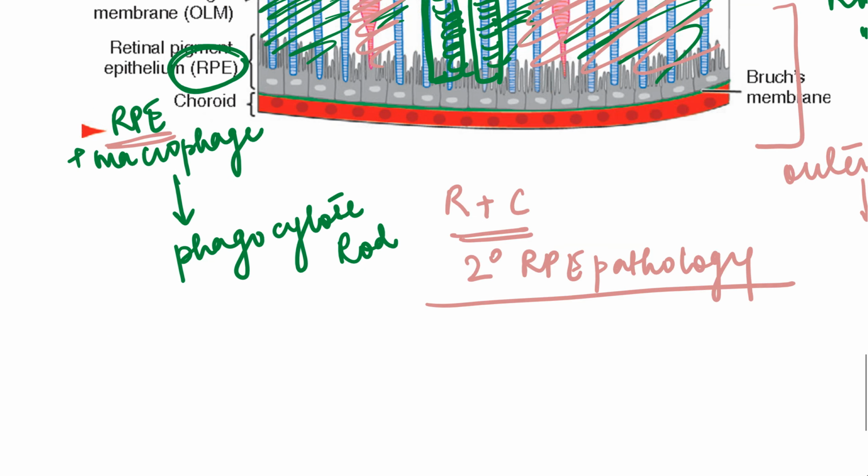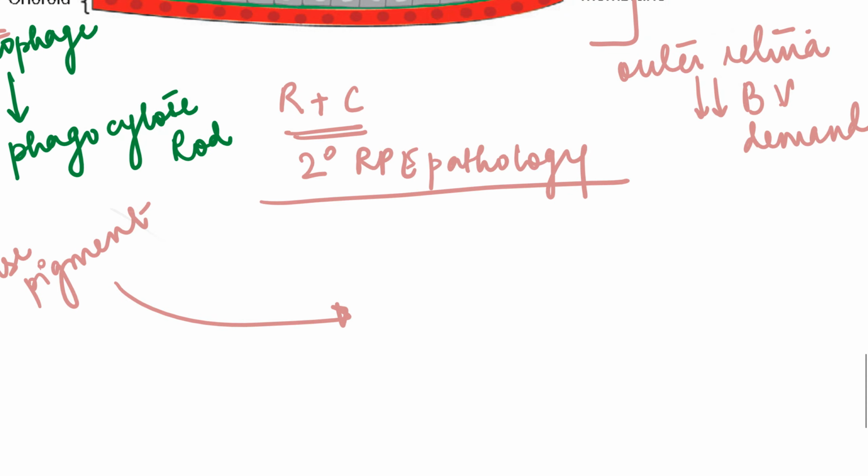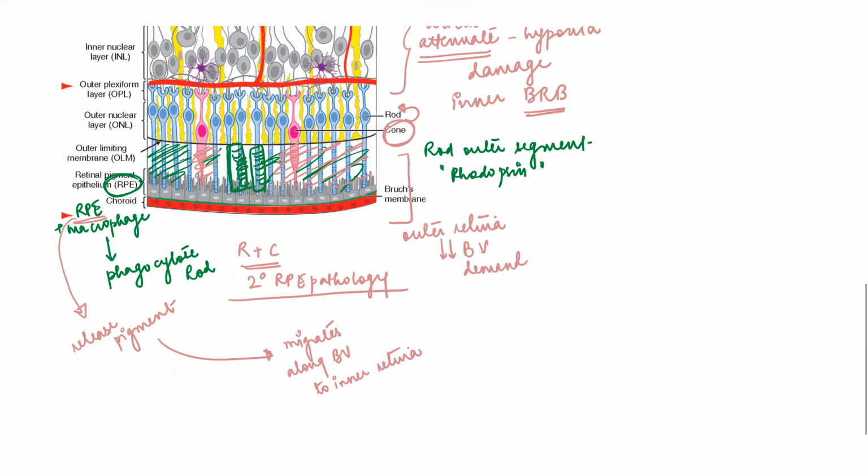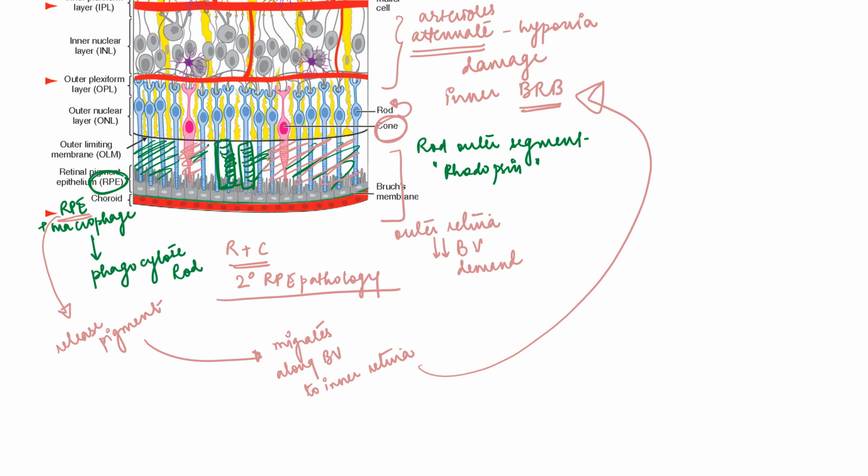So the RPE cells now will release pigment, and this pigment migrates along the blood vessels to the inner retina in an attempt to restore this damaged inner blood retinal barrier.